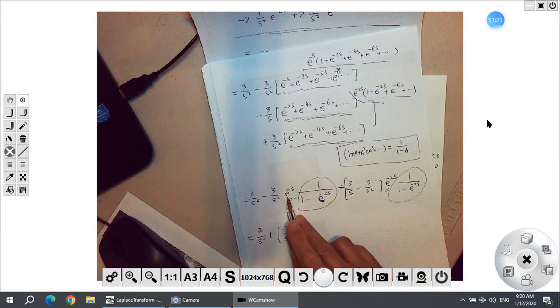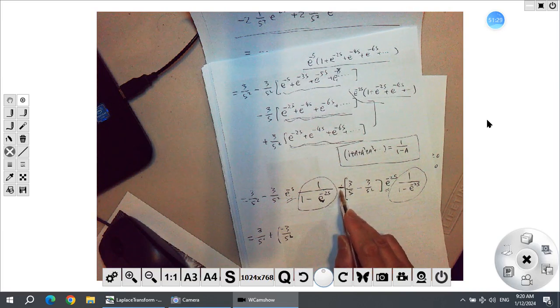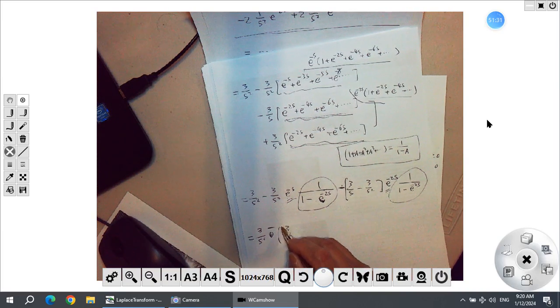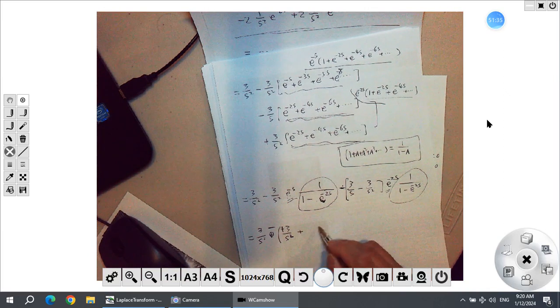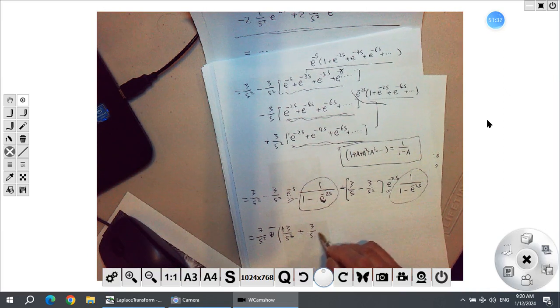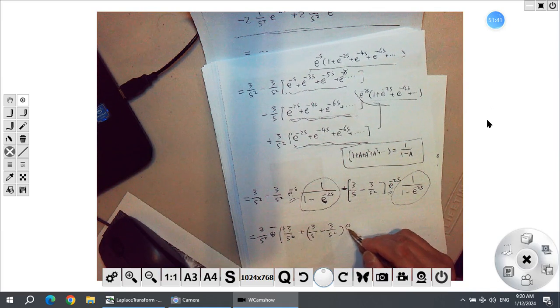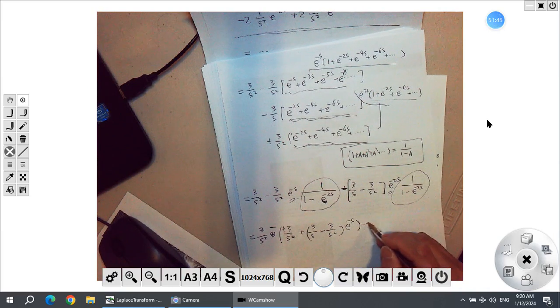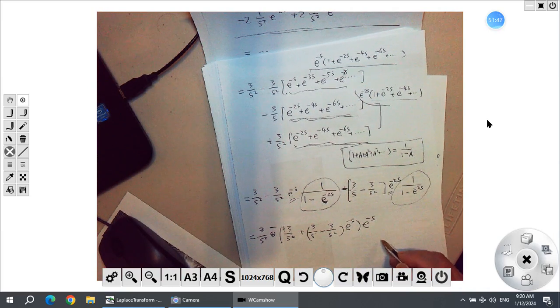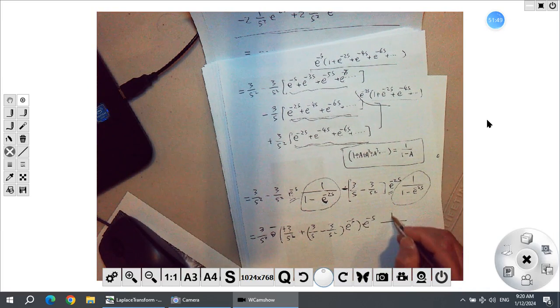And this one moves out, this one moves out, so the first term just has these, and the second term, oh, this is minus, here's also minus, then this will be plus 3 over s minus 3 over s squared times e to the negative s, and this one moved outside, and this one also moved outside.